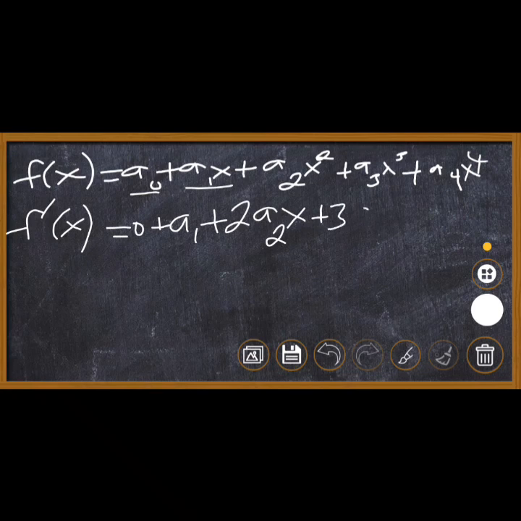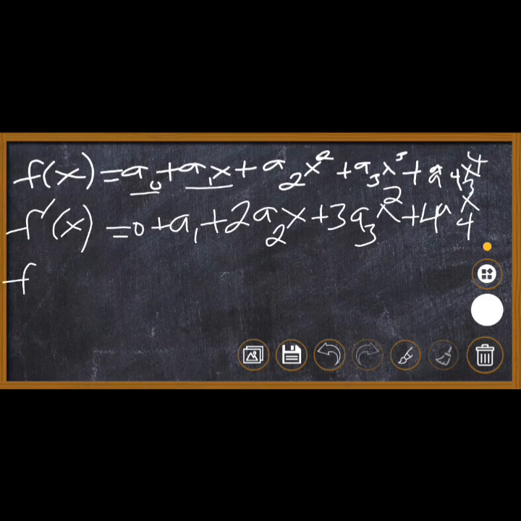We are going to have 3 a3 x, then the power will reduce by 1, so we are going to have x squared, added to a4 x power 4, the 4 will drop down. We are going to have 4 a4, and then the power of x will drop by 1. We are going to have power 3, and we should just keep on going like that.